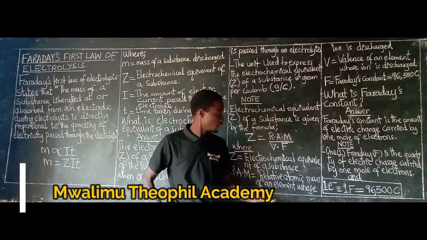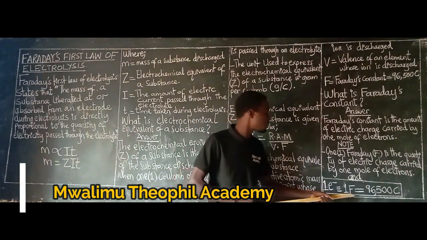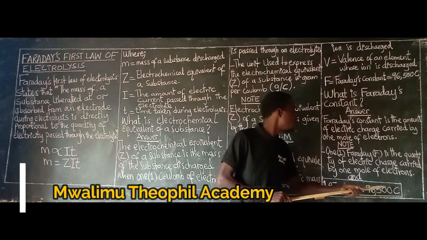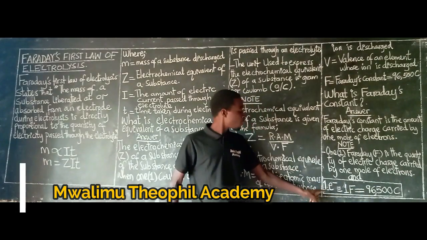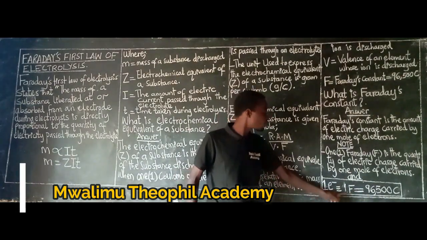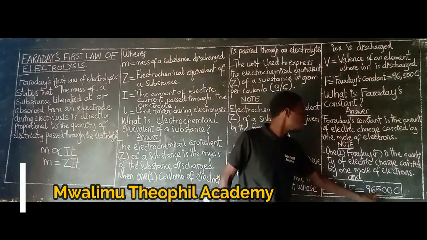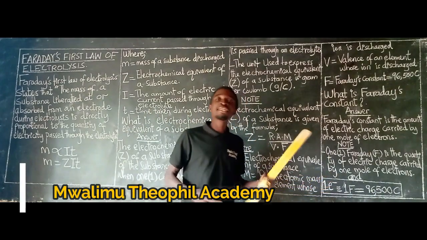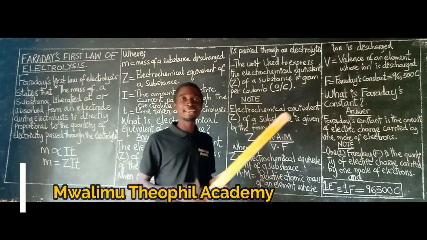That is to say, 1 mole of electron is equivalent to 1 Faraday and is equal to 96,500 coulombs. You have to note this relation, that 1 mole of electron is equivalent to 1 Faraday, and 1 Faraday is equal to 96,500 coulombs. So, after this, let us see the way we can calculate different electrochemical equivalents of various elements.